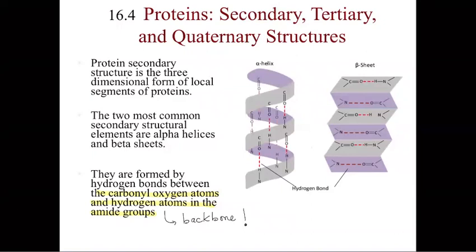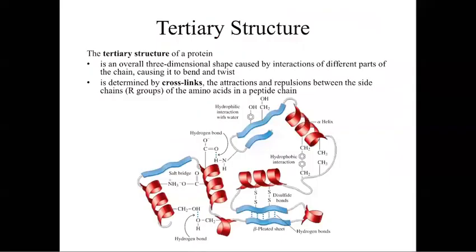Now, there's one more level of organization that particularly is going to happen because of the side chains of amino acids that you have in your peptide structure, okay? So the tertiary structure of a protein is going to be the overall 3-dimensional shape.